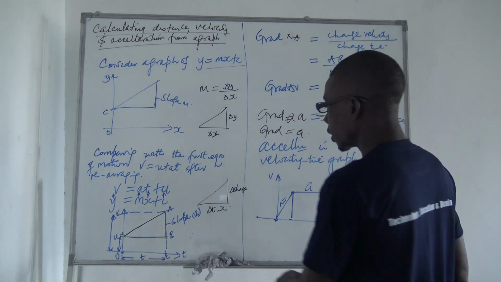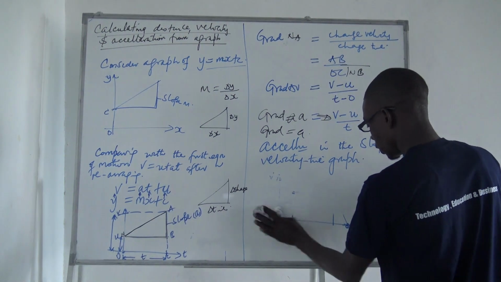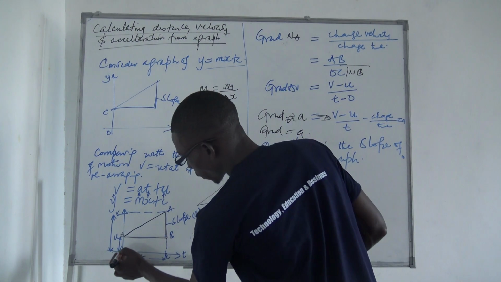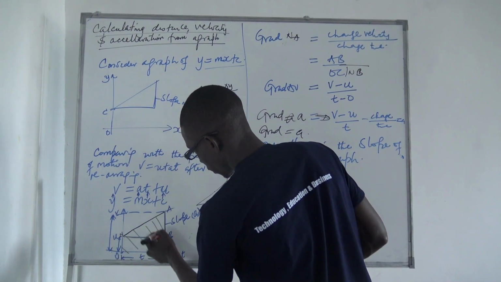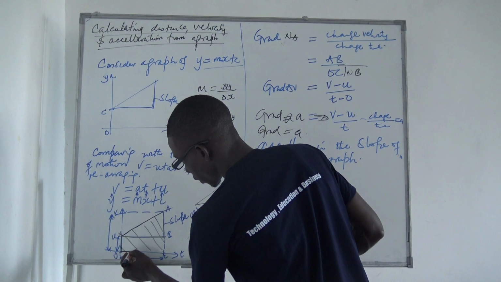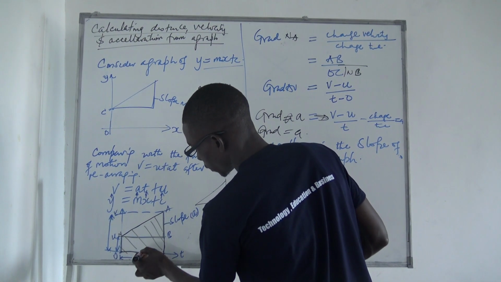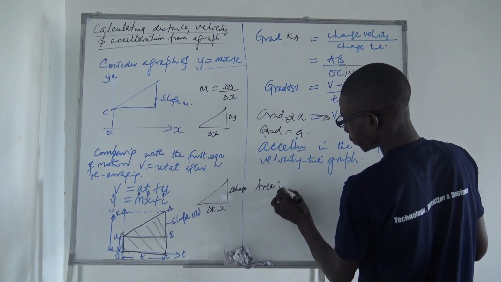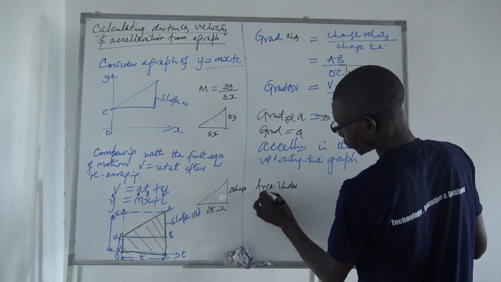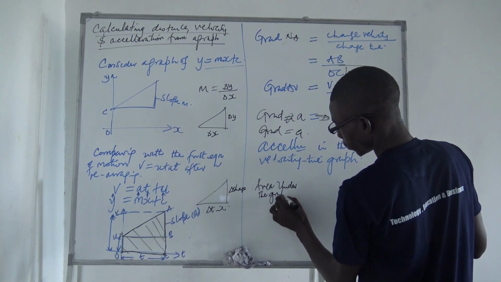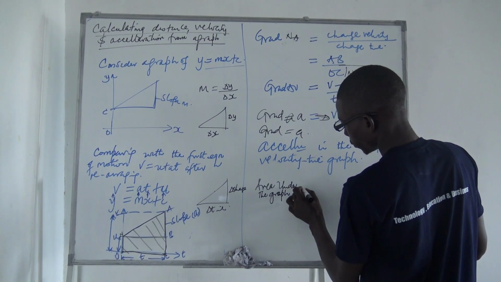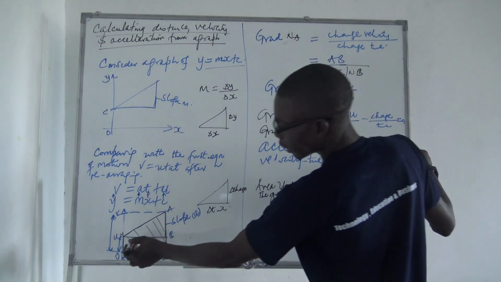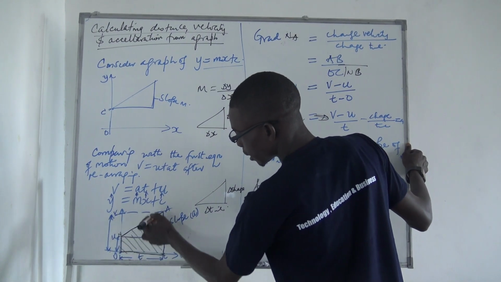And then what if we now talk about the area under the graph? If that is my graph, the area under the graph, the shaded area, is a trapezium.